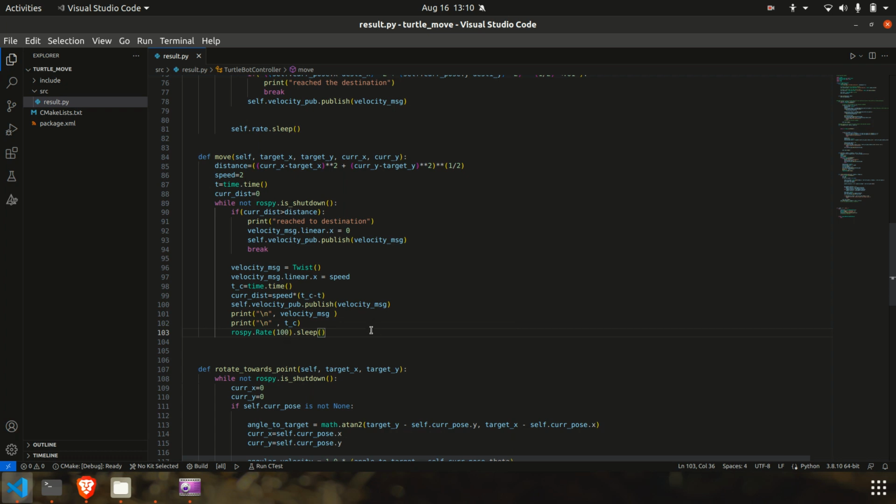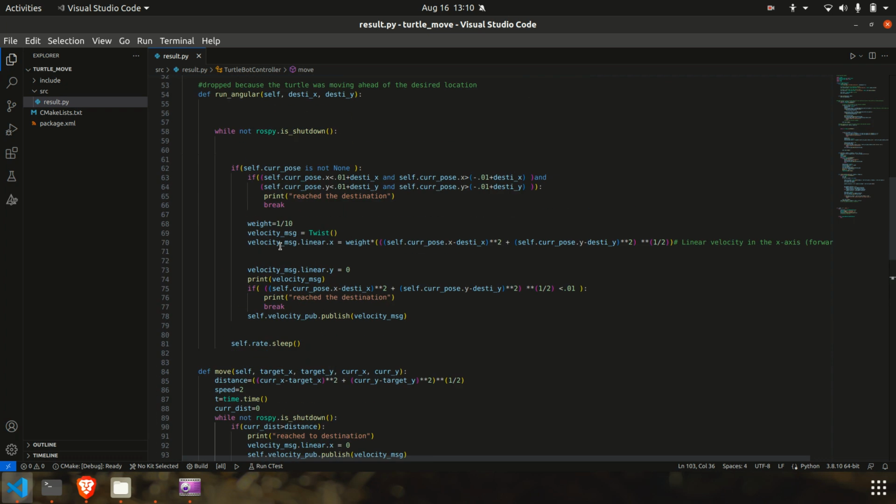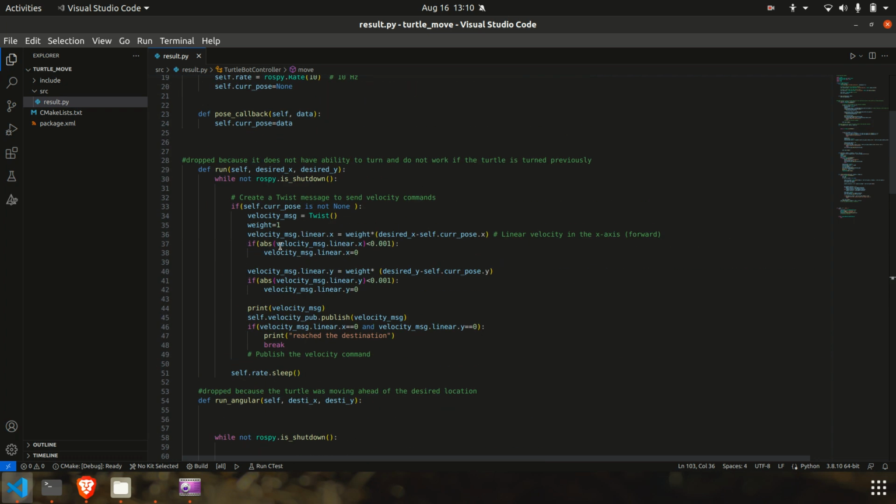So in every 1 second it is publishing 100 messages. So by this we can calculate its accuracy to be 0.02, and whenever this condition is hit, it will stop.